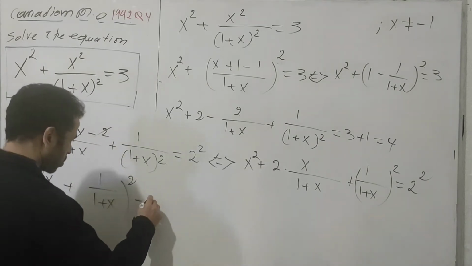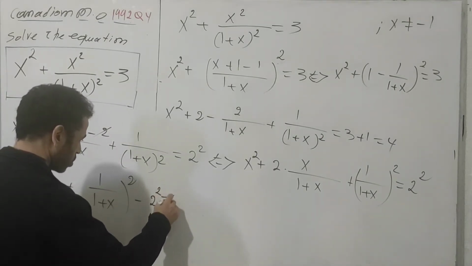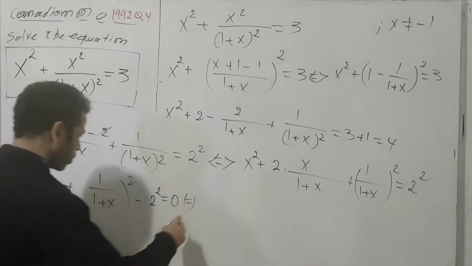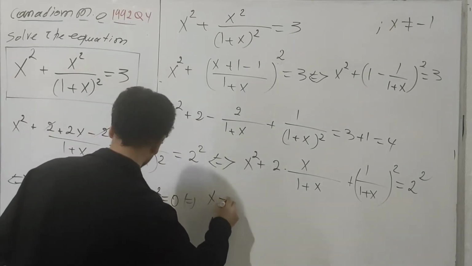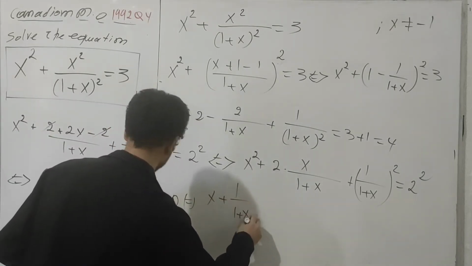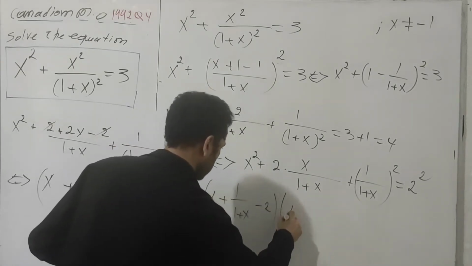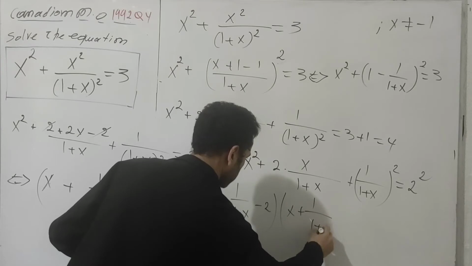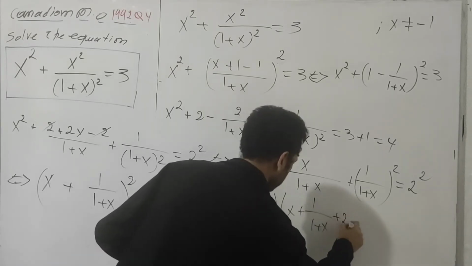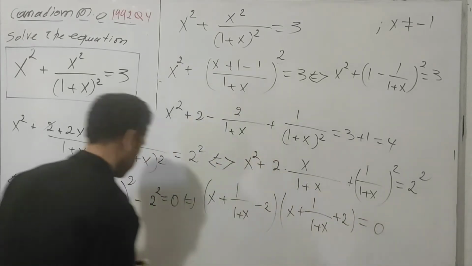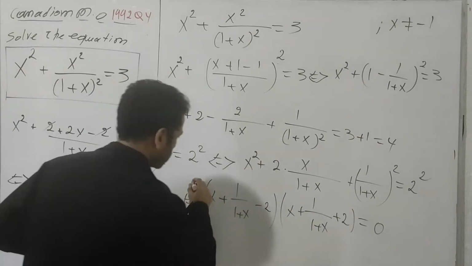So we'll have minus 2 quantity squared equals 0. I will have x plus 1 over 1 plus x minus 2, factor, x plus 1 over 1 plus x plus 2, equals 0. Now I have ended with this expression.